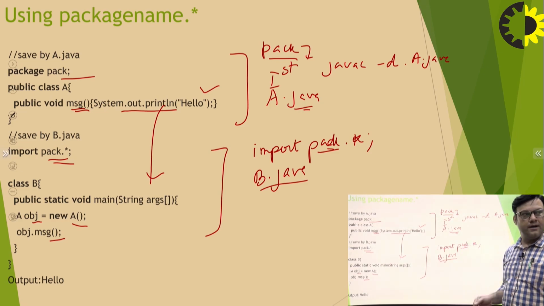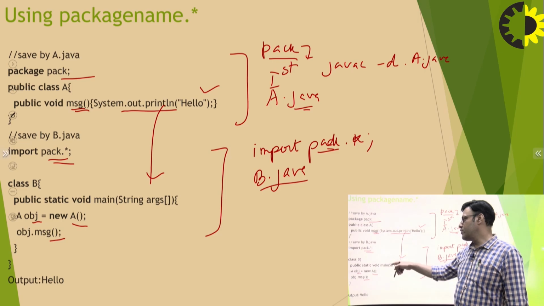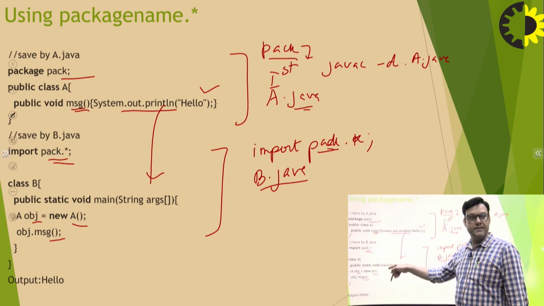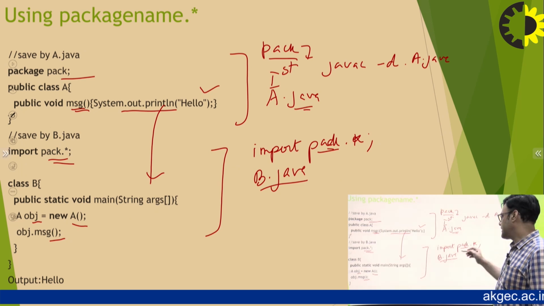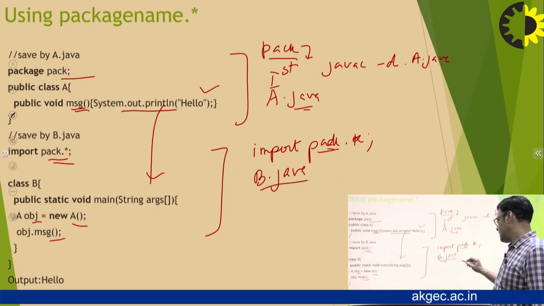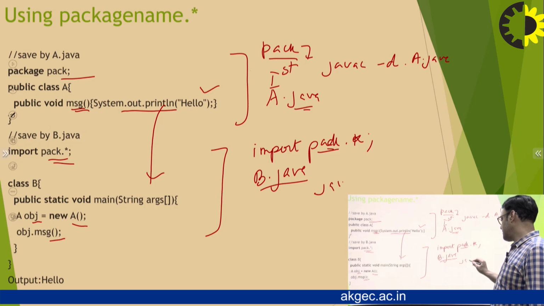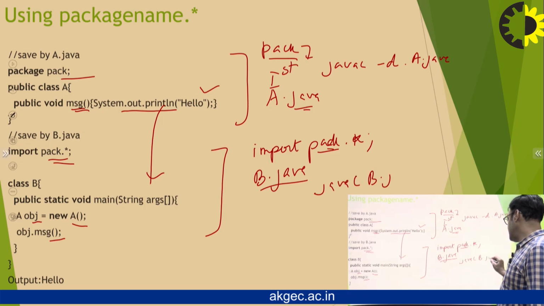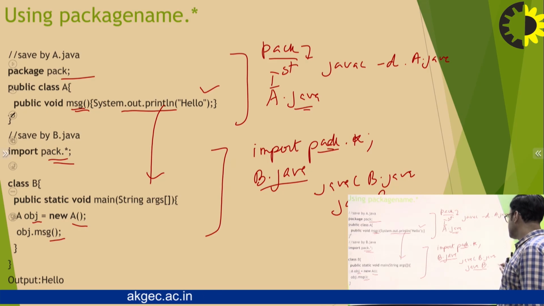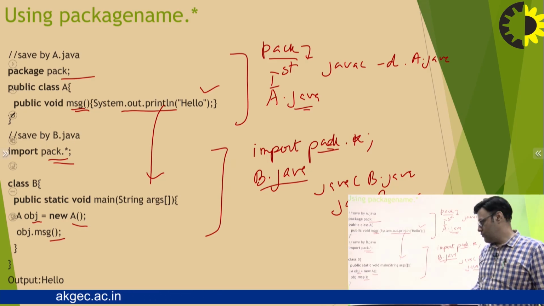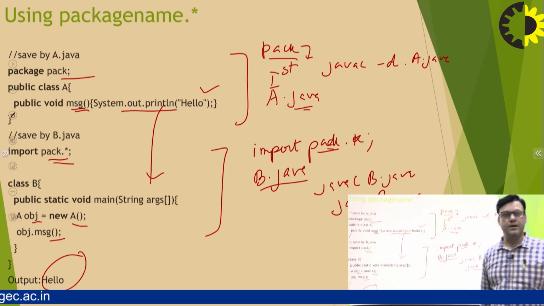After that, again I am going to compile this. You will compile this program simply, okay? And after compiling it, you will again compile B.java, then java B. When running, you will get an output hello.